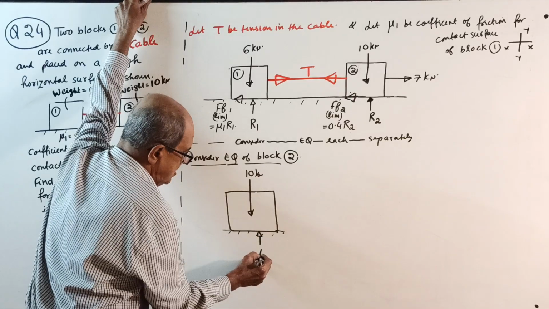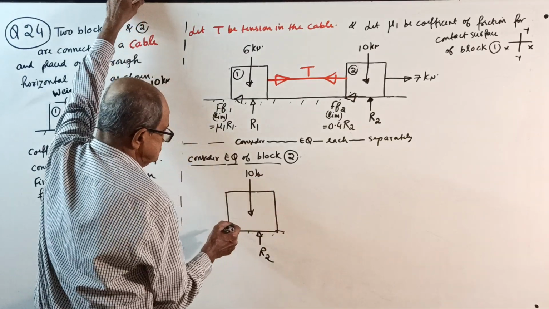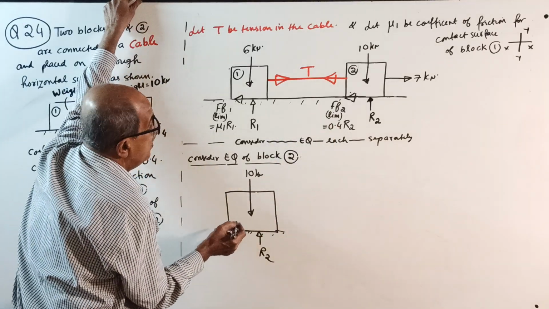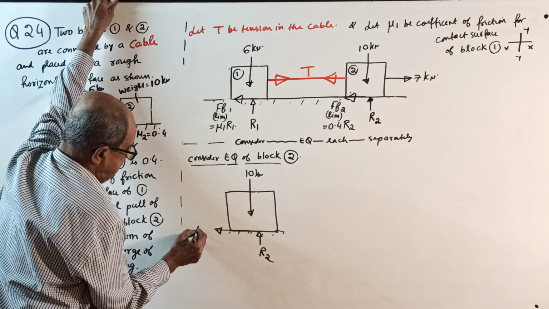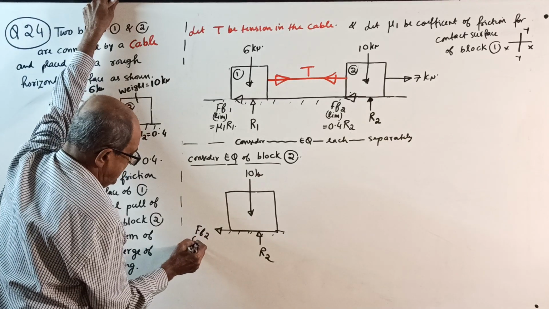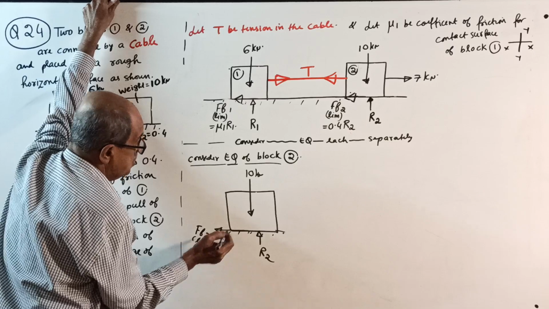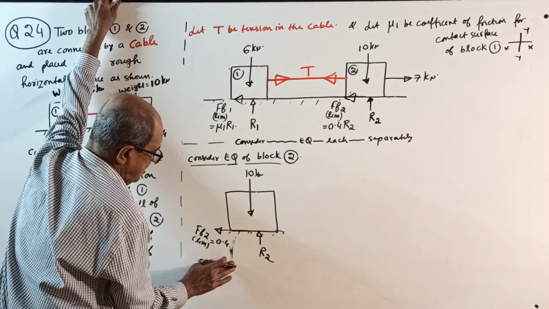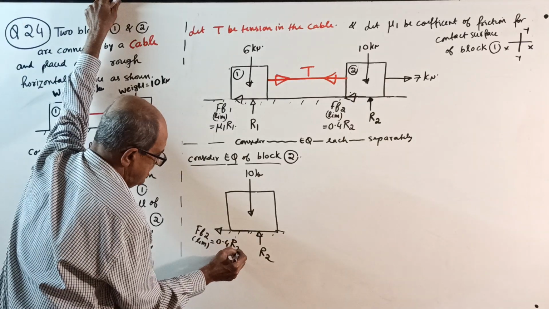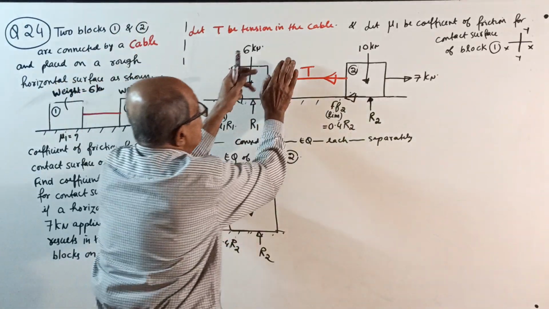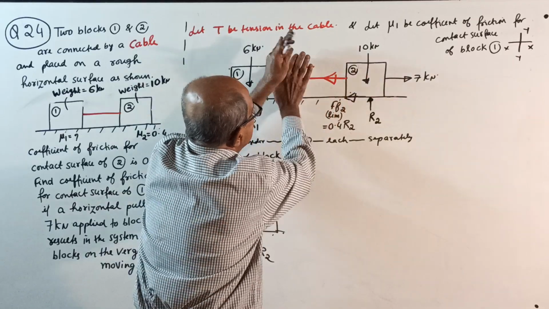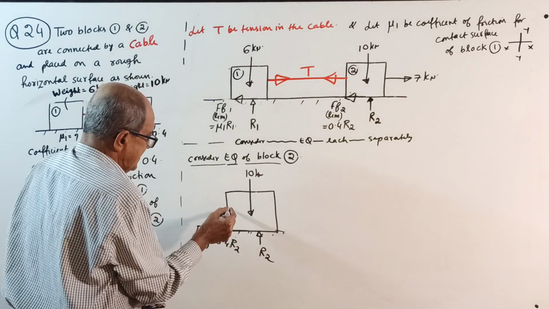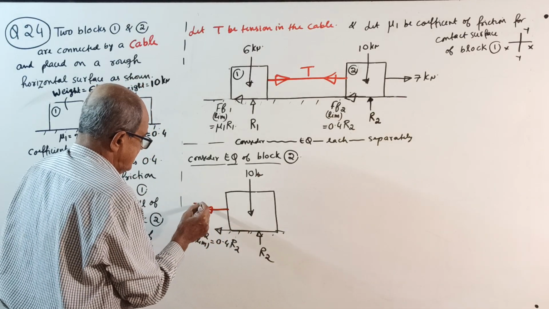Then one frictional force here, FF2 limit, equal to 0.4 R2. And when you consider block 2, cover here, see this one only, the tension in the string T.